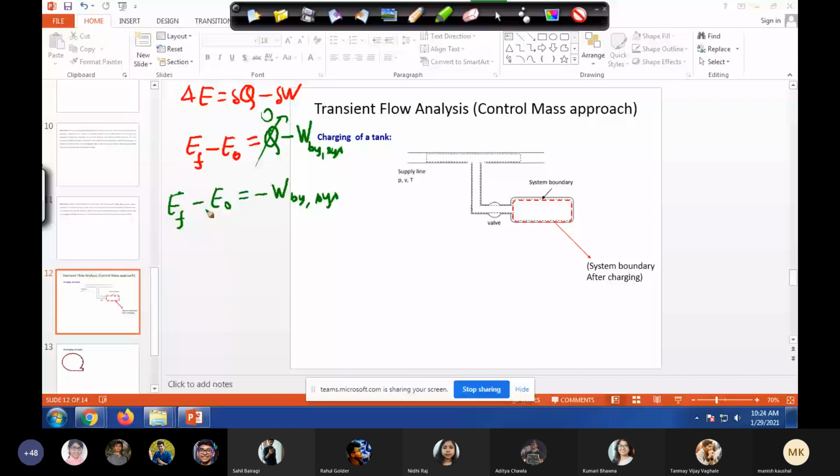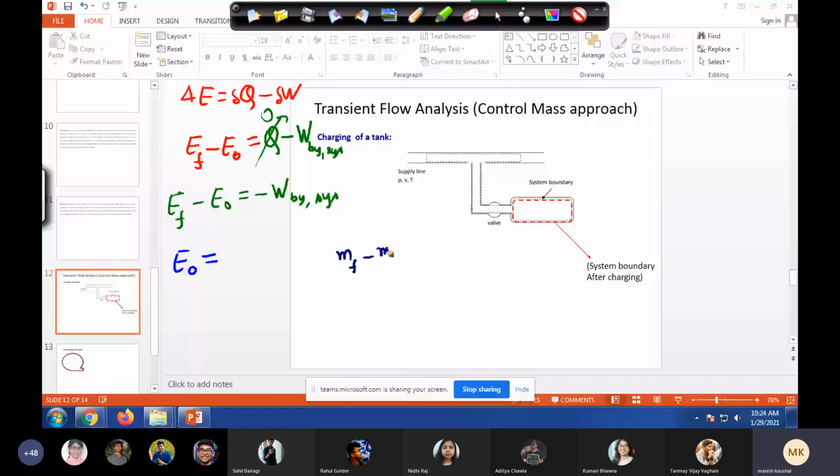So let's talk about E naught. In the beginning, we have seen two components of the system, one at a different condition, another at a different condition. So what are those two components? First, write down those mass components. One component is MF minus M naught outside the tank.